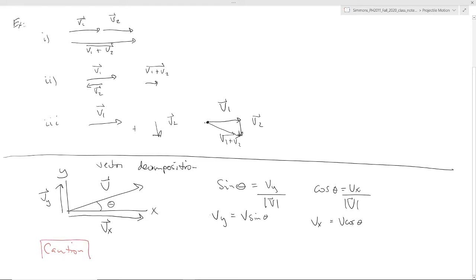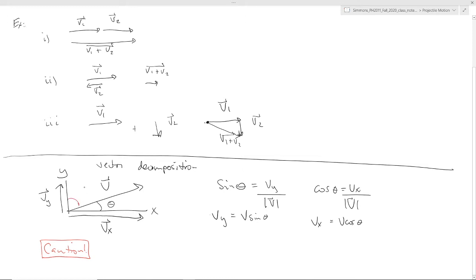Put a little note to emphasize. You want to be really careful about this and be mindful of the context. Many students are really accustomed to thinking, oh yeah, x is associated with cosine and y is associated with sine. The thing that I want you to be careful about is it depends on how your angle is given to you.